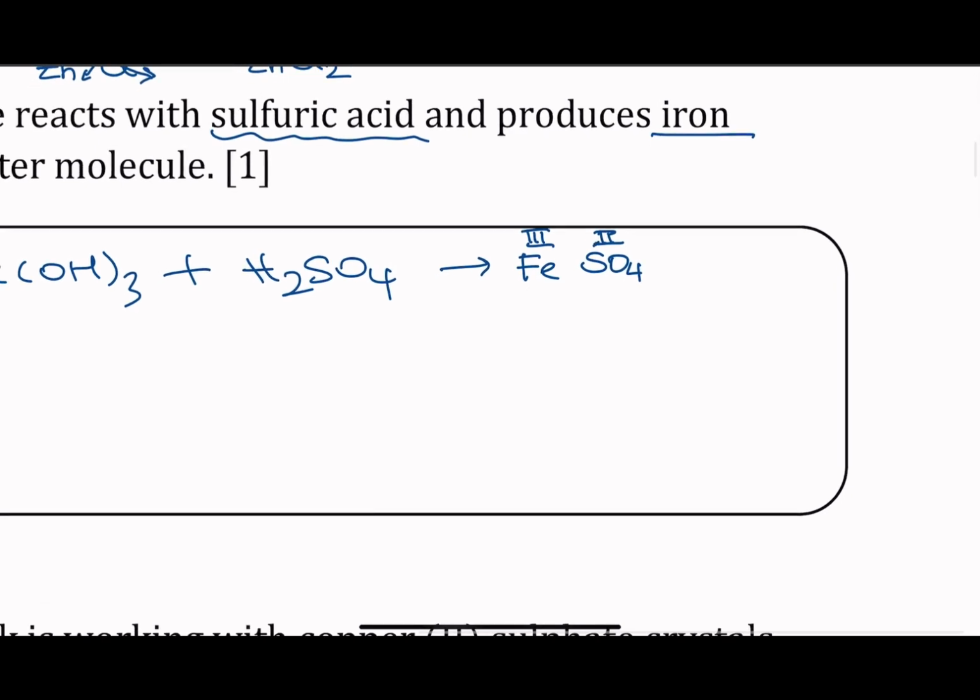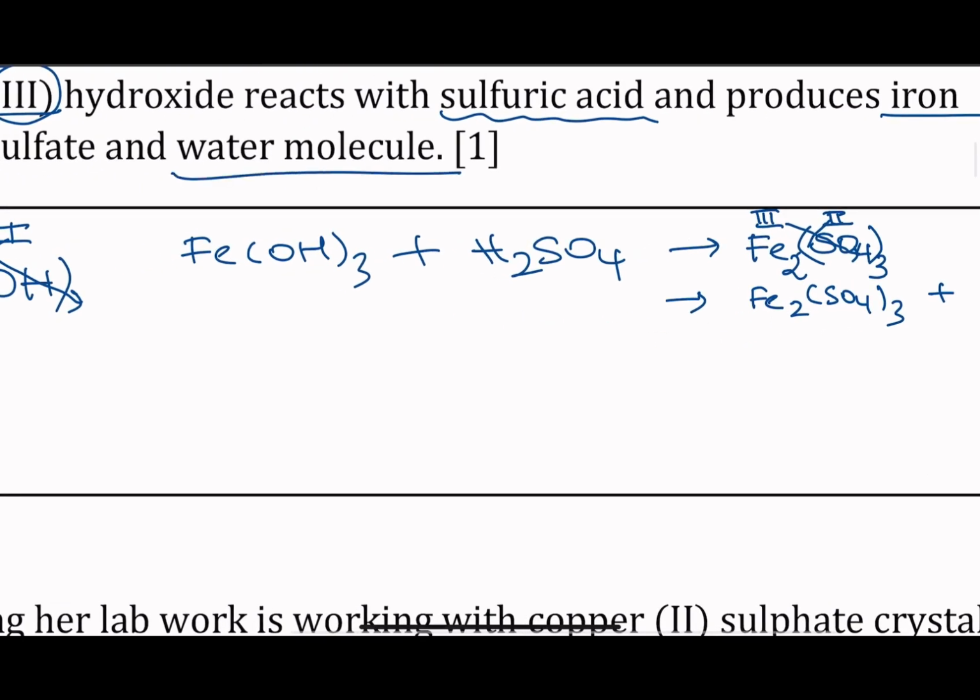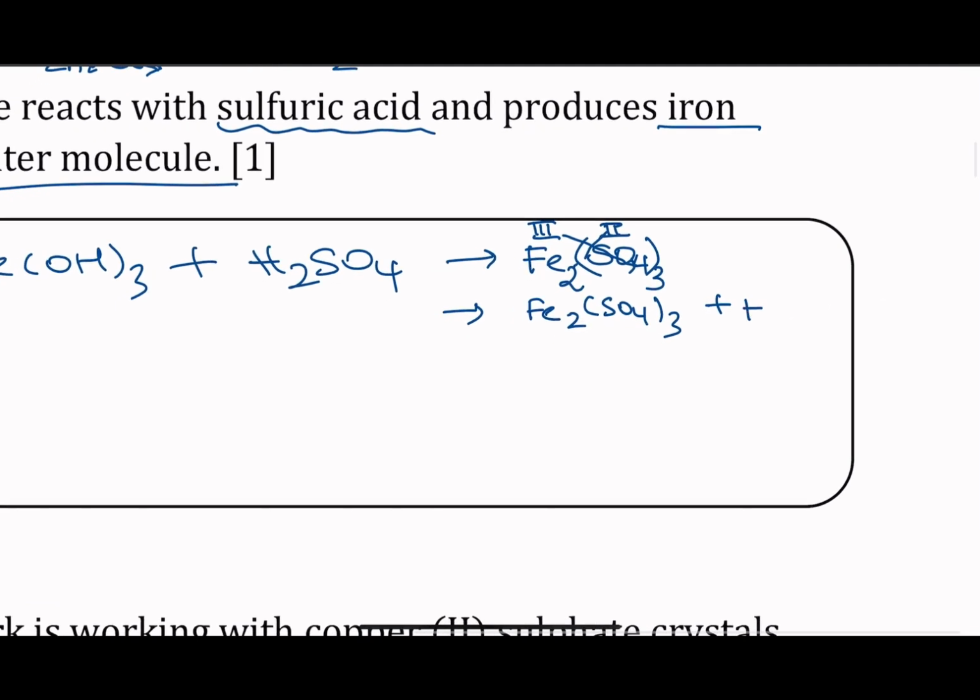So 2 comes here, makes it 2 in here, and then 3 comes here, makes it 3 here. So the product is Fe2(SO4)3. And then we got the product of water molecule.